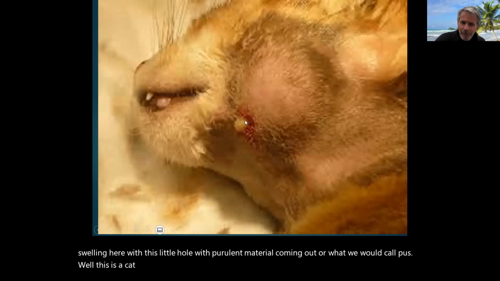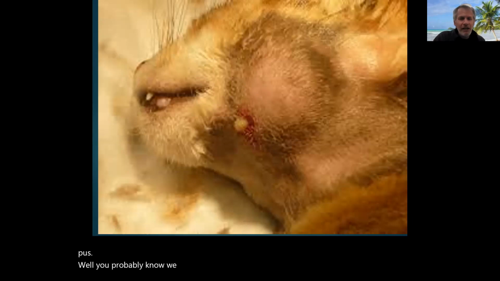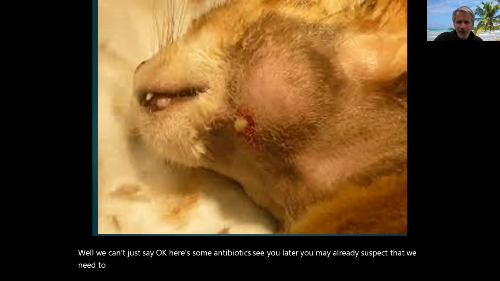Another cat bit him here, and now it's all infected, and this is full of pus. Well, you probably know we can't just say, okay, here's some antibiotics, see you later. You may already suspect that we need to drain that. We need to drain that pus out and flush it all out.